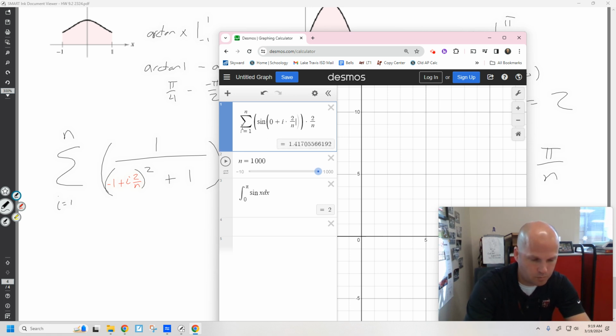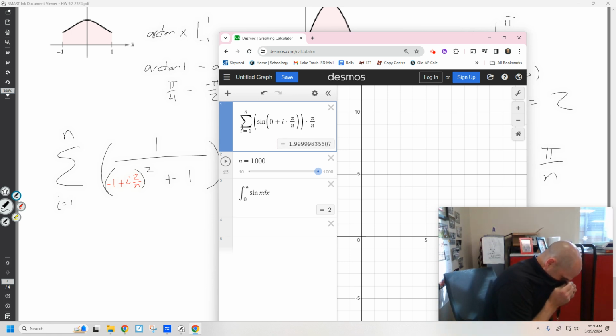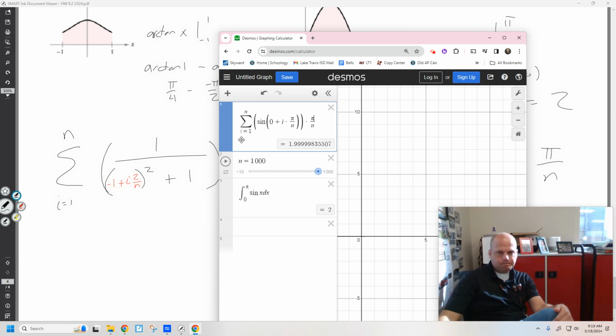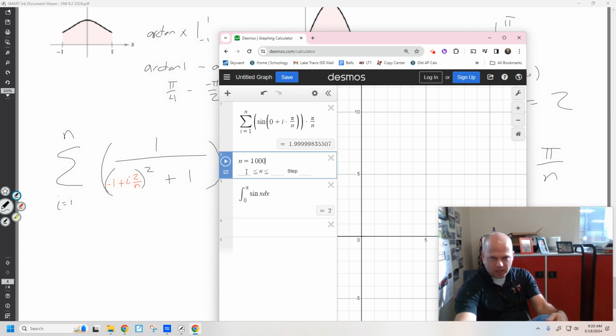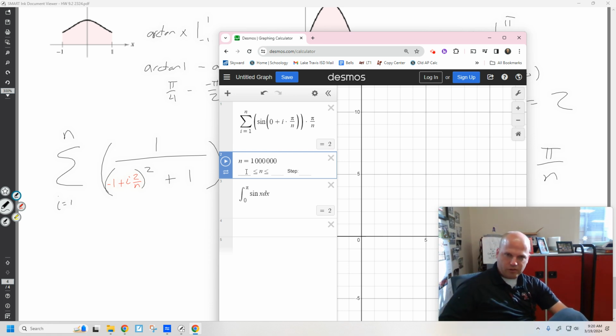I'm like breaking my computer right now. Not 2 over n, pi over n. Even with 1,000 objects, I'm closer to 2. 10,000, closer to 2. 100,000, closer to 2. Boom. Eventually your calculator rounds. Right Riemann sum works really well for a sine.